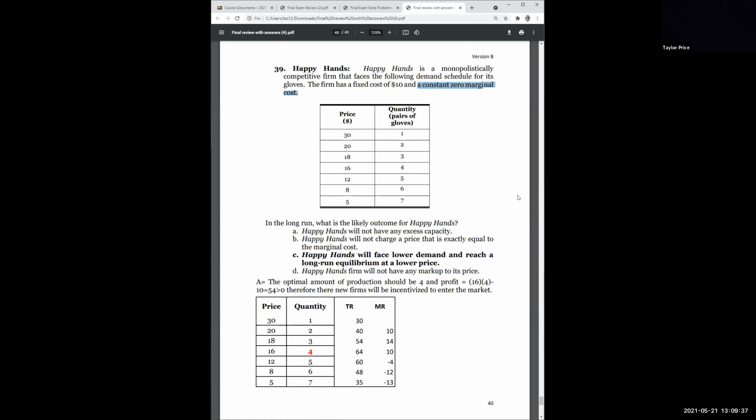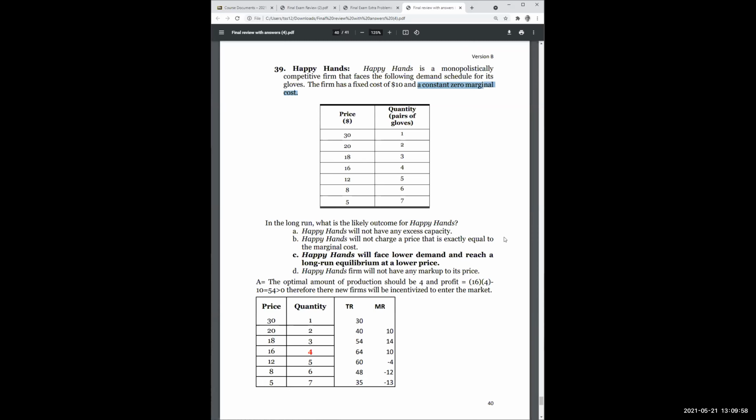And so the firm is never going to charge a price of $0. Yeah, they would always charge a price above $0.